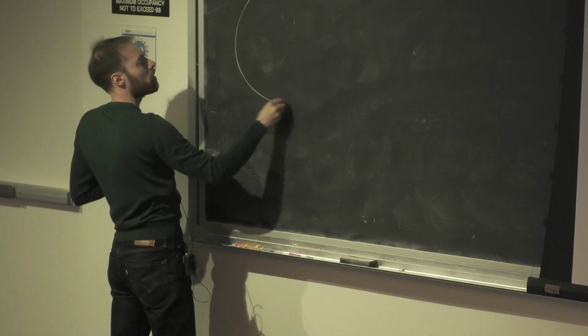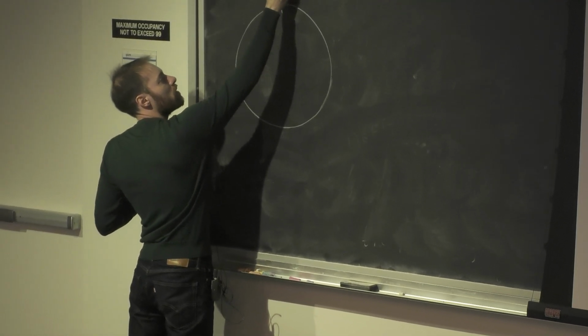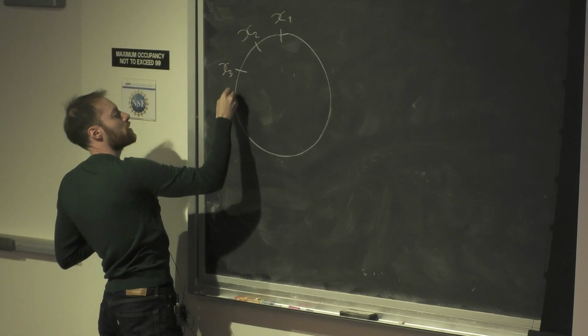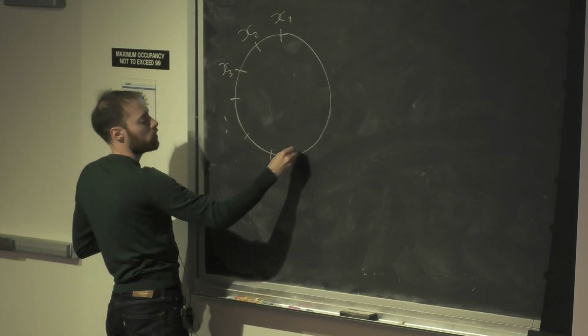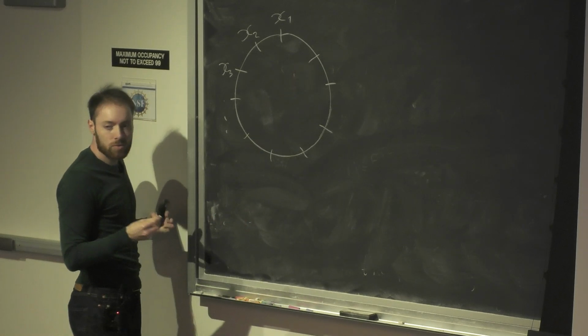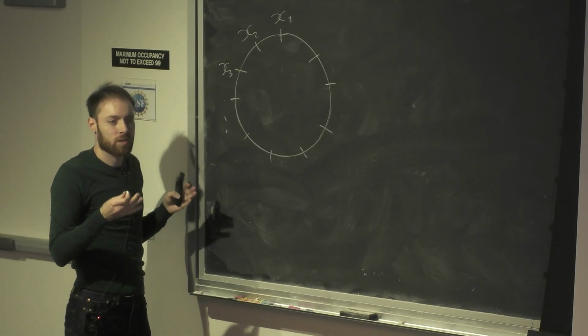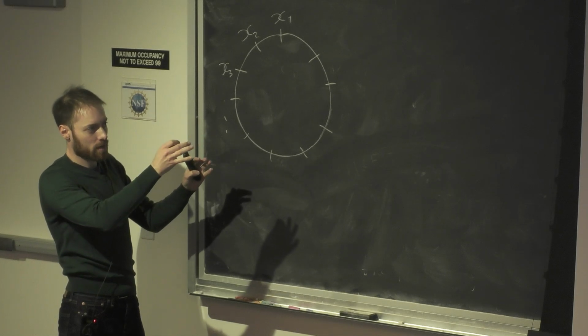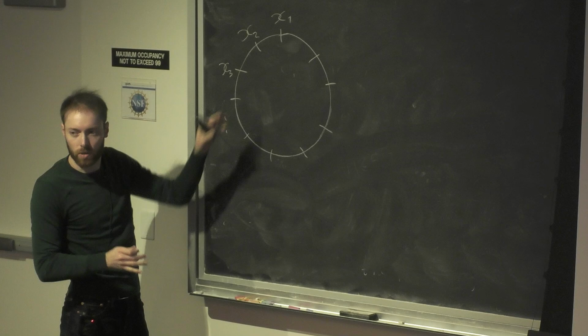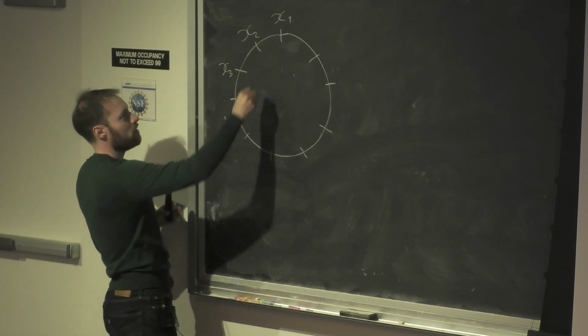You take a circle, and you put your x1, x2, x3, and so on on some notches. And then what you want to do to have a non-crossing pair partition is just link all of your notches together. You want to do it by pair.